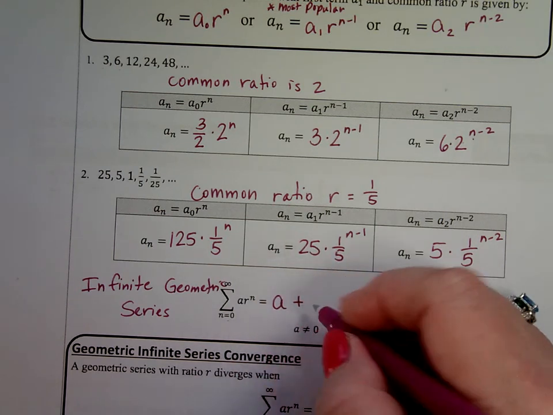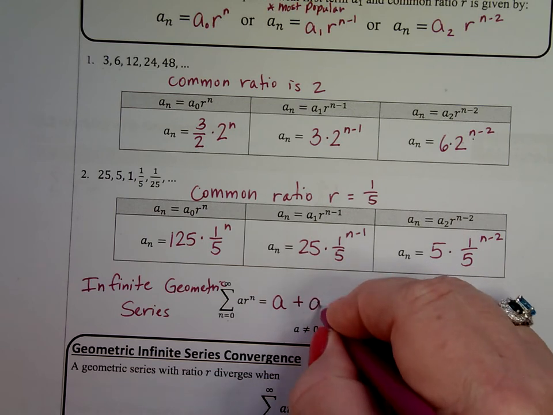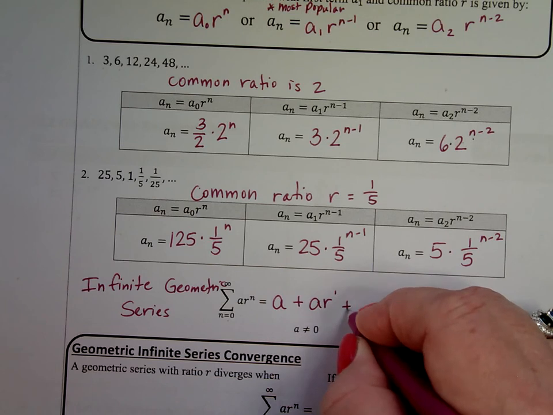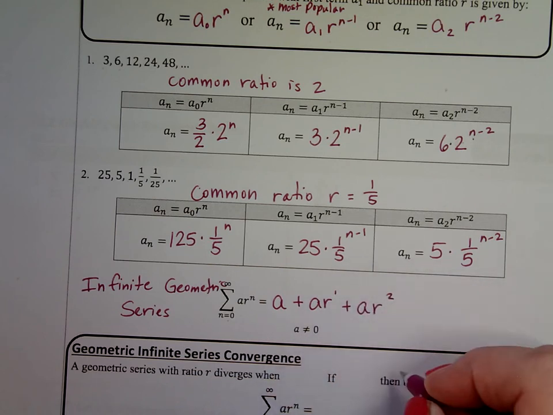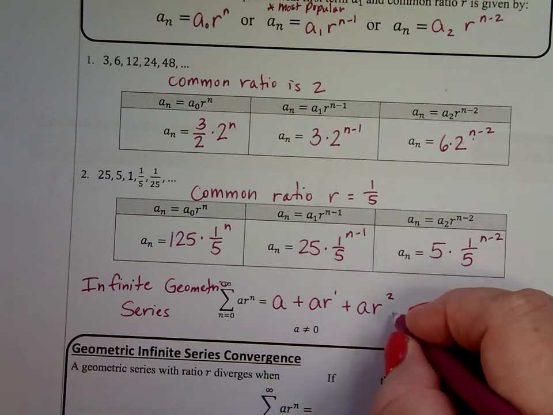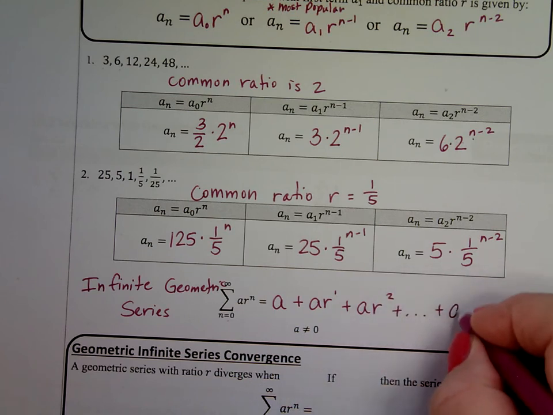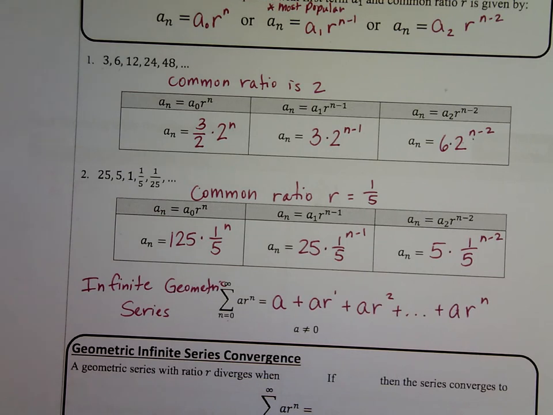Next term, if r is 1, then I have a r to the first power. Next one, if r is 2, then I have a r squared, or to the second power. If I keep going, it's going to keep on getting bigger, making a r to the nth power, whatever that would be. Could be infinity, could be something smaller.